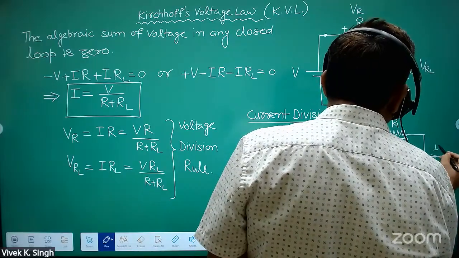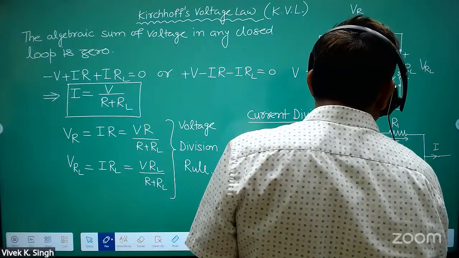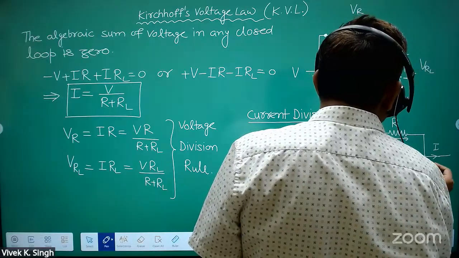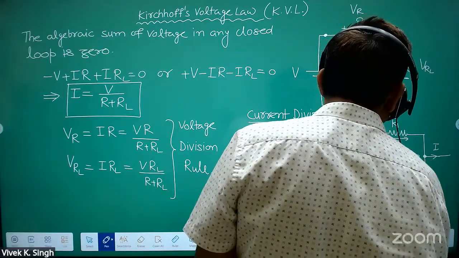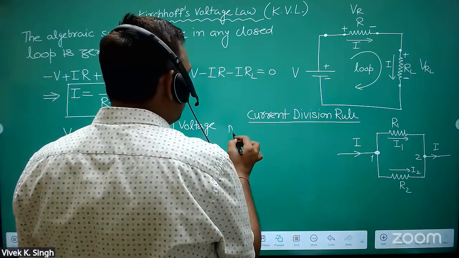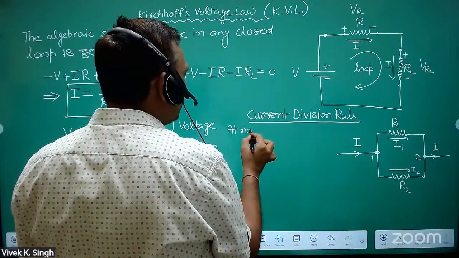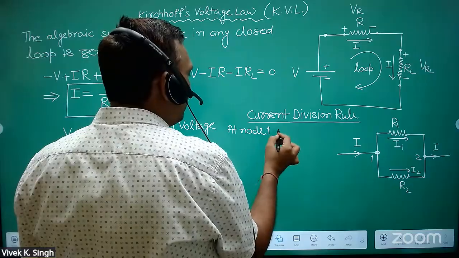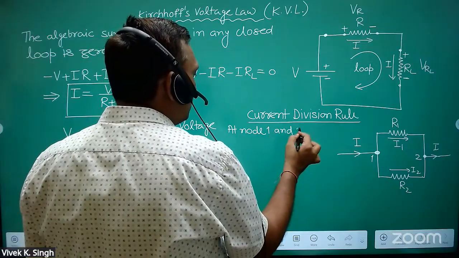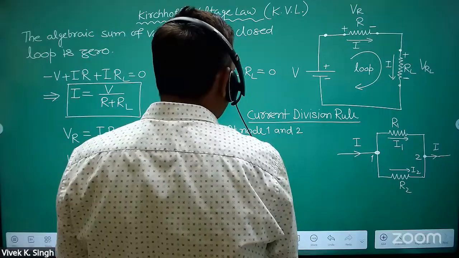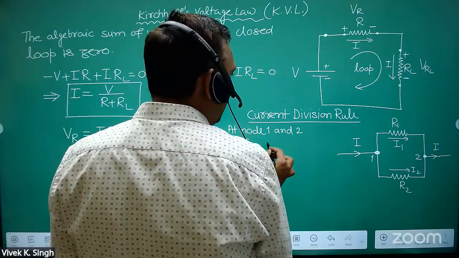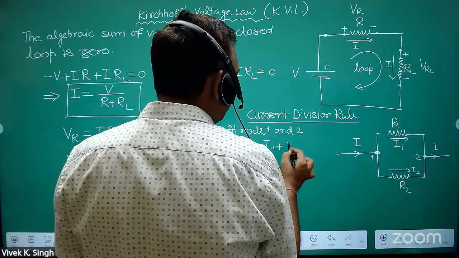This current will be I. So at this node, let's say this point is 1, this point is 2. So at both nodes, I is I1 plus I2. Yes or no?